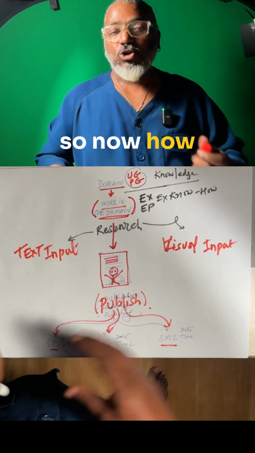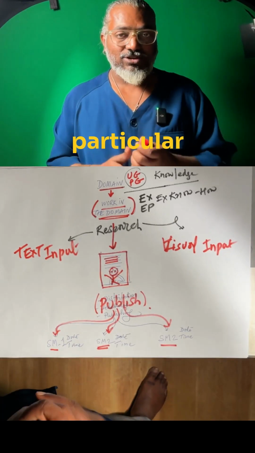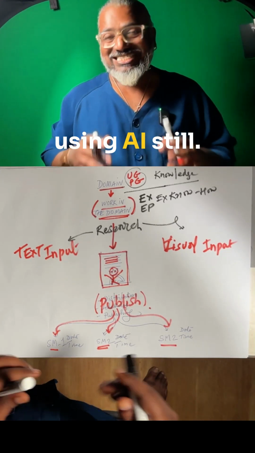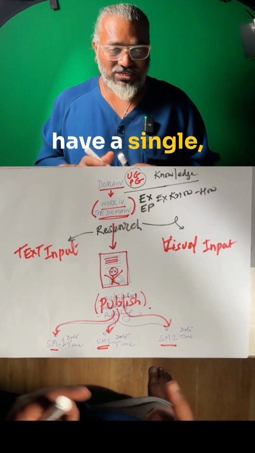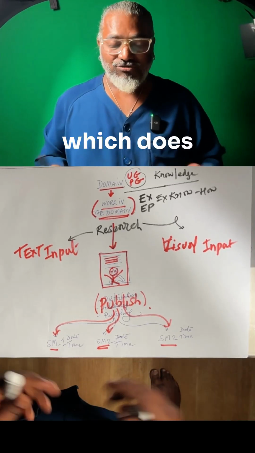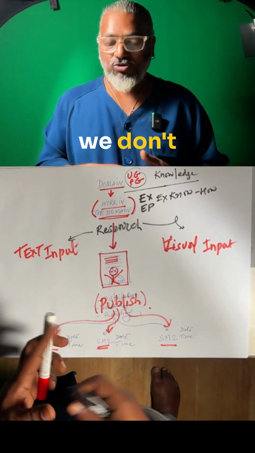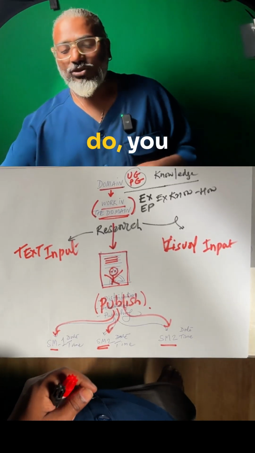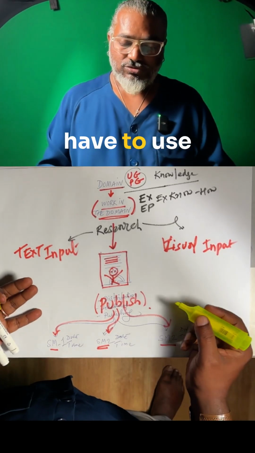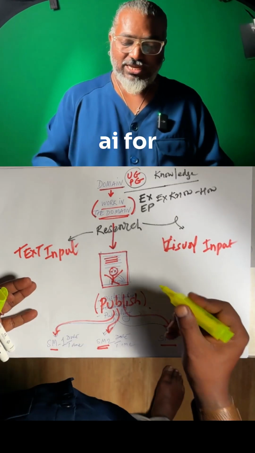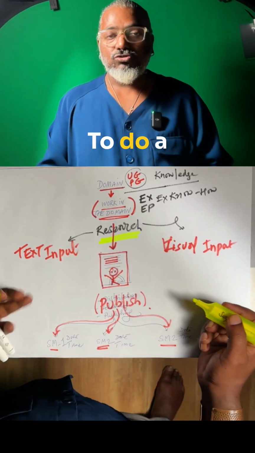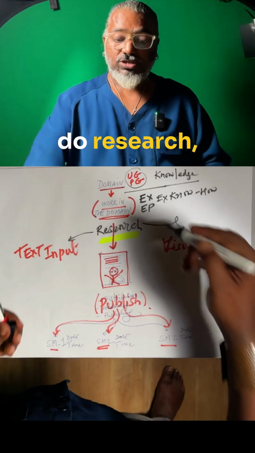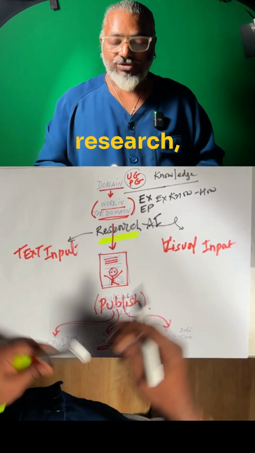So now, how do we use AI in this particular creation? There is a clever way of using AI. Still, we don't have a single agentic AI which does everything for us. So therefore, you have to use AI intelligently. For example, to do research, there are a few AIs which help you.